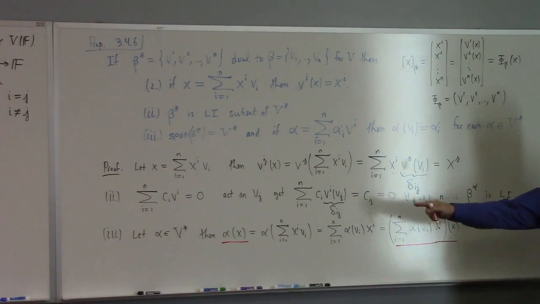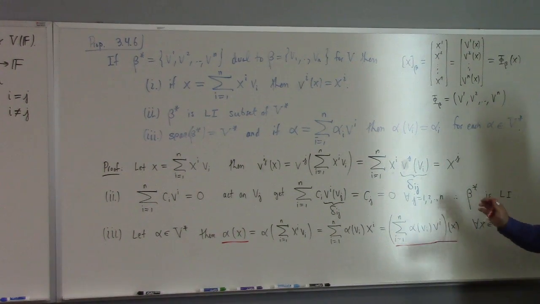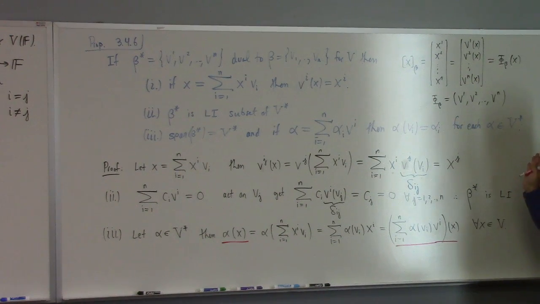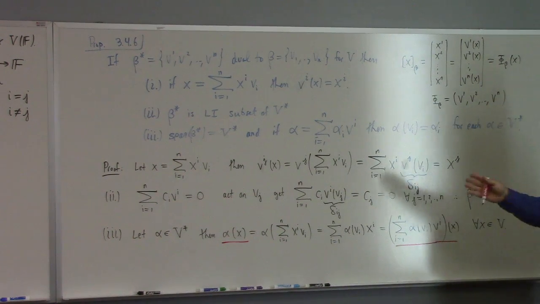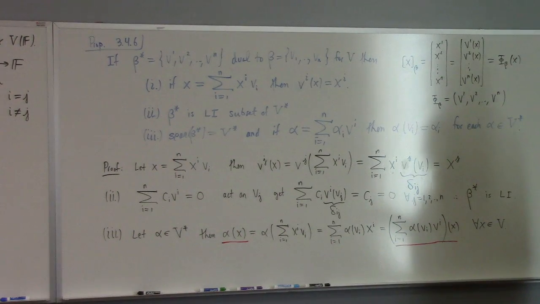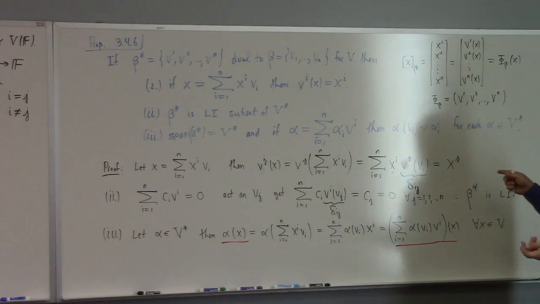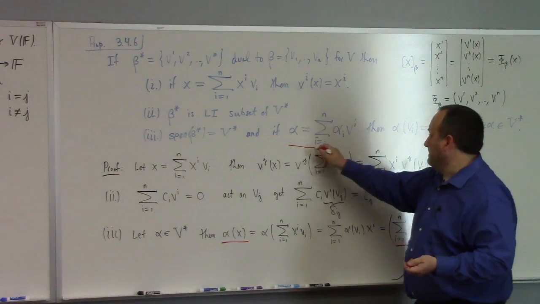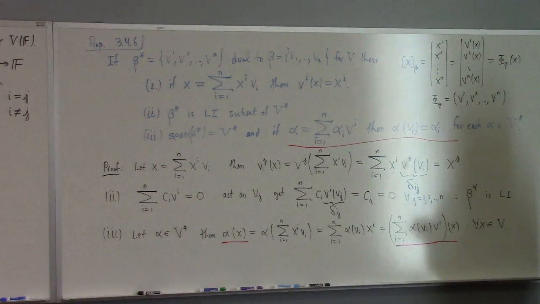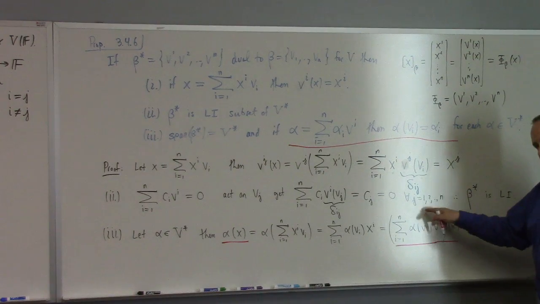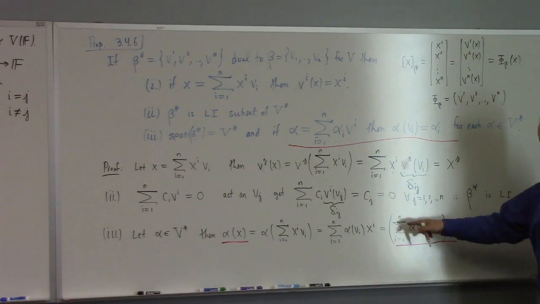Notice that those two are equal for all x, so get rid of the x because it's a function. Two functions are equal if they are equal on all inputs, all x inputs. Therefore, we have just proved this. Notice that the alpha sub i is exactly this, that's the coefficient alpha of v_i.